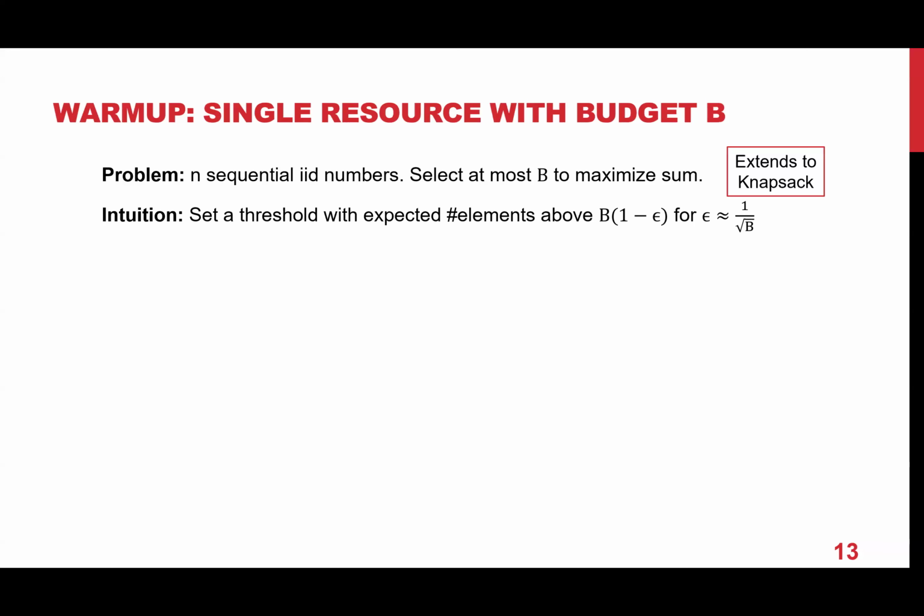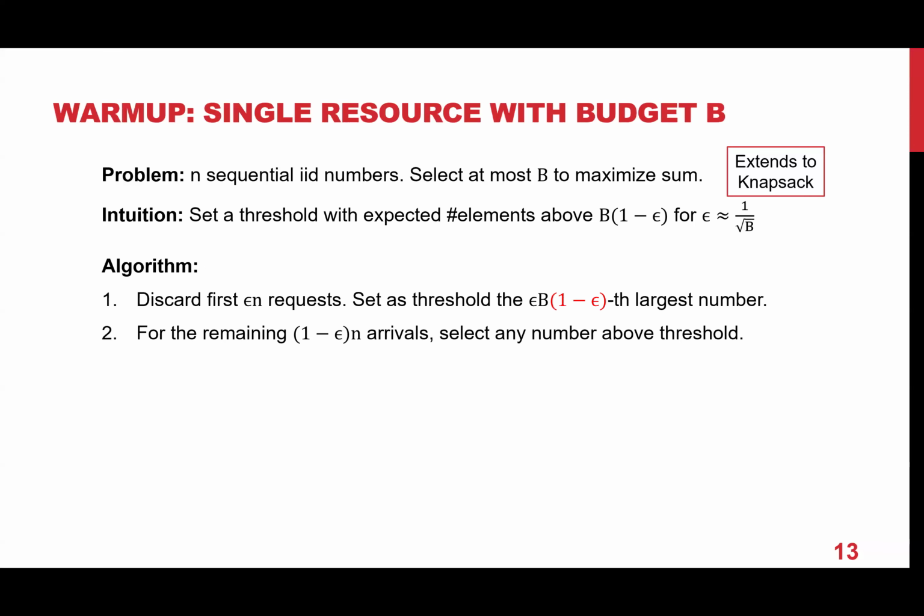And that's precisely what we'll do. We want to set a threshold such that the expected number of elements above is roughly B times 1 minus epsilon. So instead of the 100th largest number, I'm going to set the 95th largest number as my threshold, just so that there's a slight slack of 5 numbers. And this doesn't hurt me too much, up to this 1 minus epsilon factor.